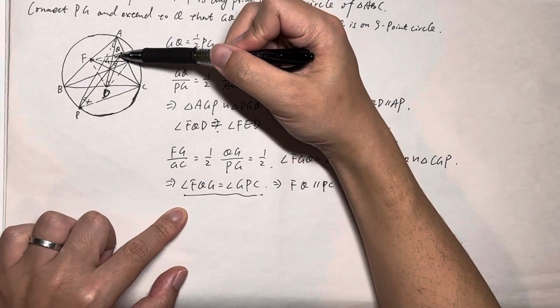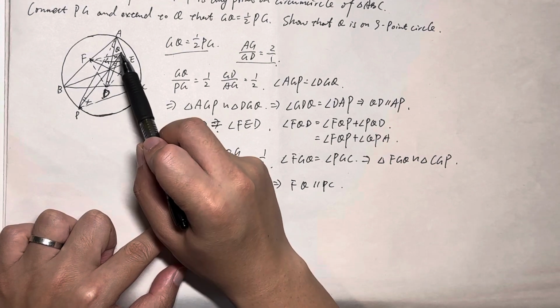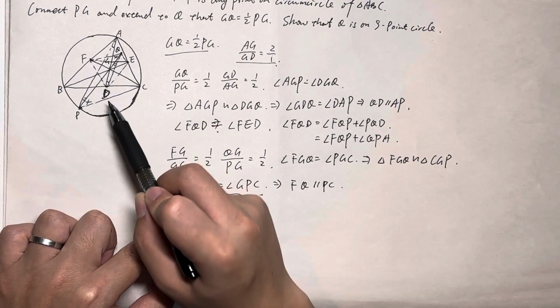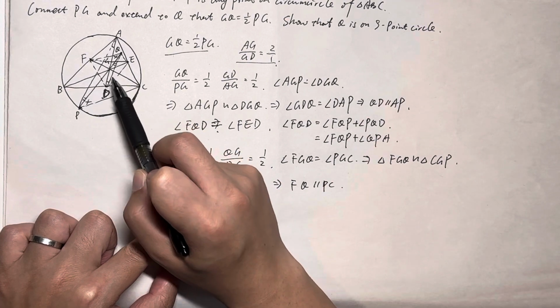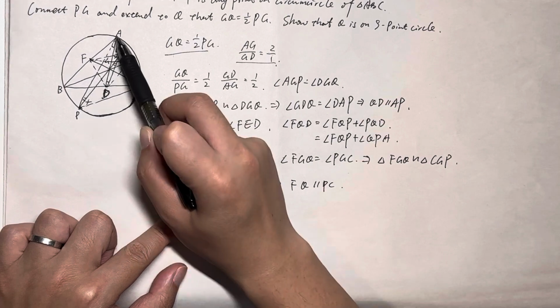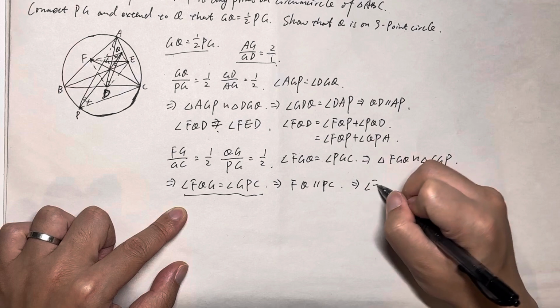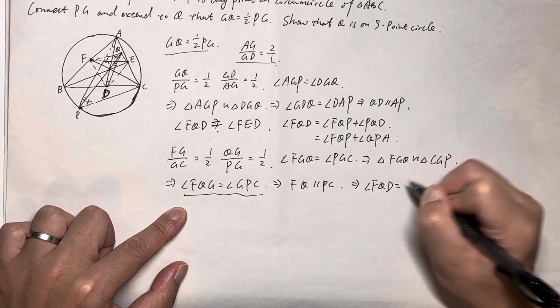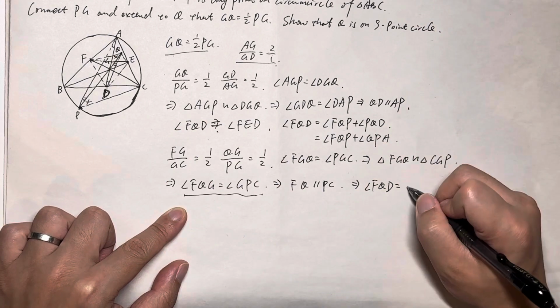Now we know angle FQG equals angle GPC, and angle GQD equals angle GPA, which means angle FQD equals angle APC.